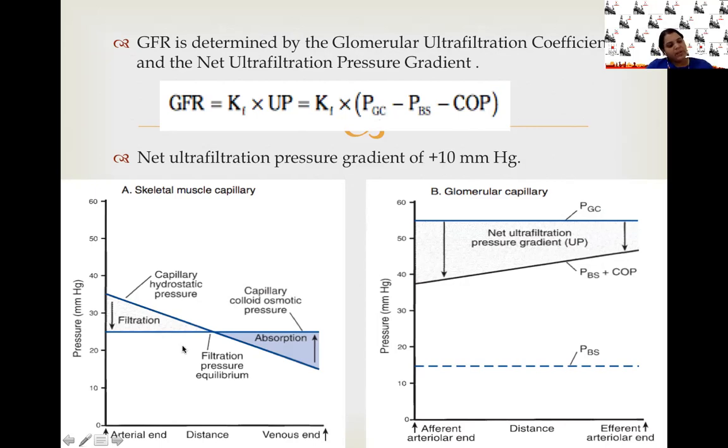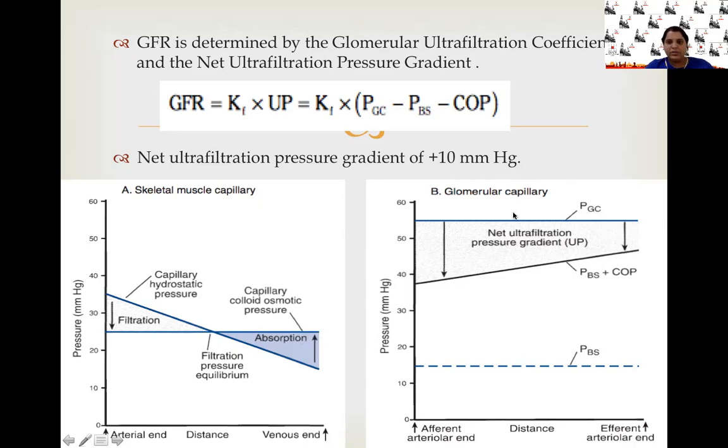Now look at the filtration that happens in other capillaries, like the skeletal muscle capillaries of the body, compared to the glomerular capillaries. In the skeletal muscle capillaries, the capillary hydrostatic pressure at the arterial end is higher compared to the venous end. That is, there is a sequential drop in the capillary hydrostatic pressure from the arterial to the venous end, whereas the colloid oncotic pressure remains reasonably stable.